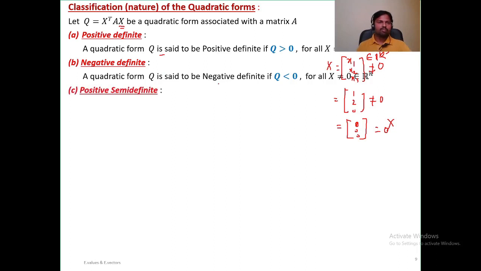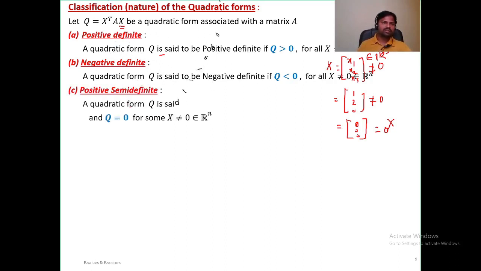Next, third one, positive semi-definite. It's some sort of positive definite only, it is positive semi-definite. What is the positive semi-definite? A quadratic form Q is said to be positive semi-definite if Q is more than or equal to 0 for all x, and Q is 0 for some x not equal to 0.